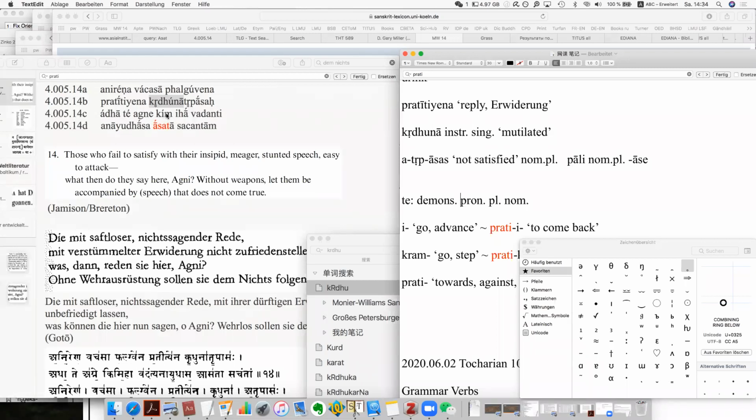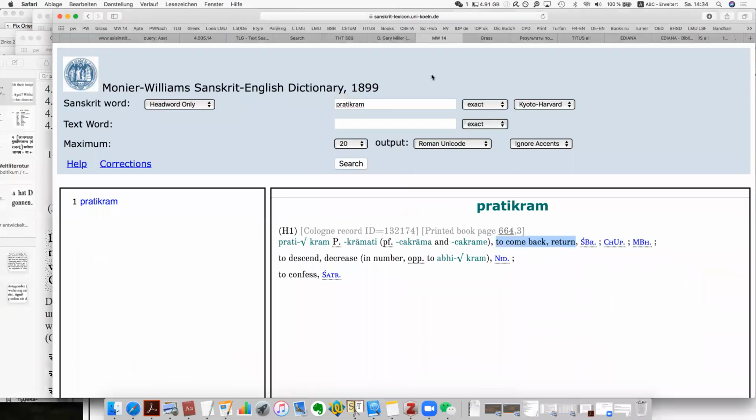Kim means what. Iha means here. And ada is actually connected with vadanti. I have to check it.